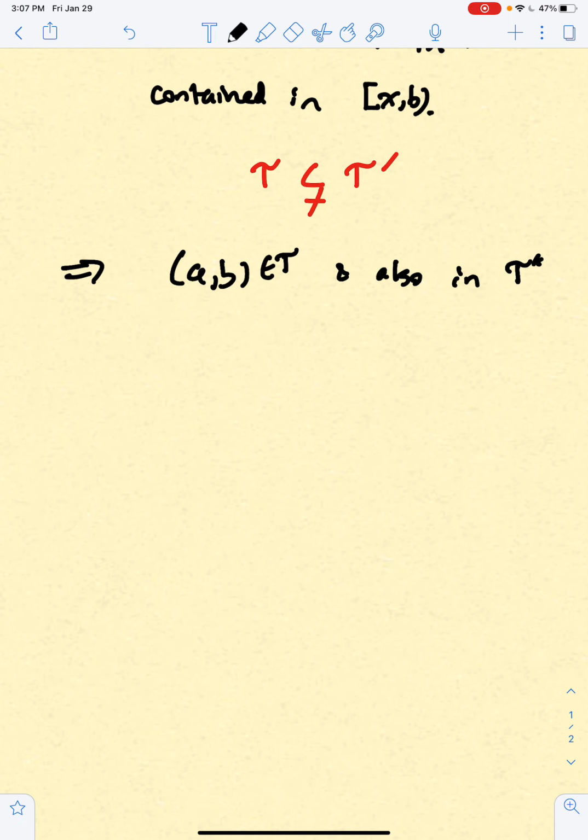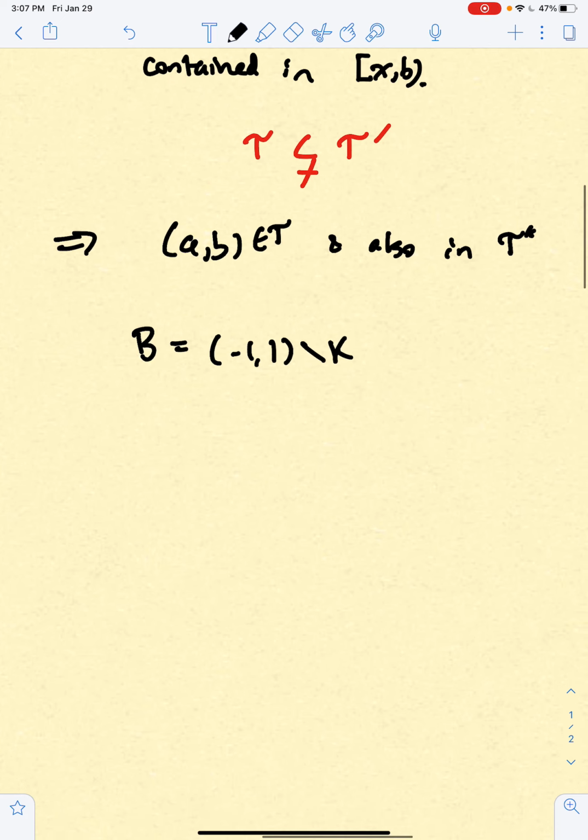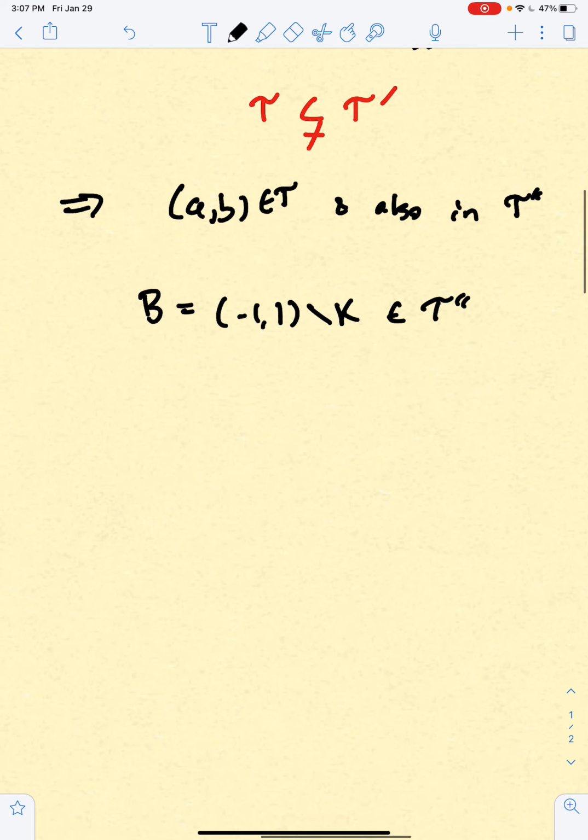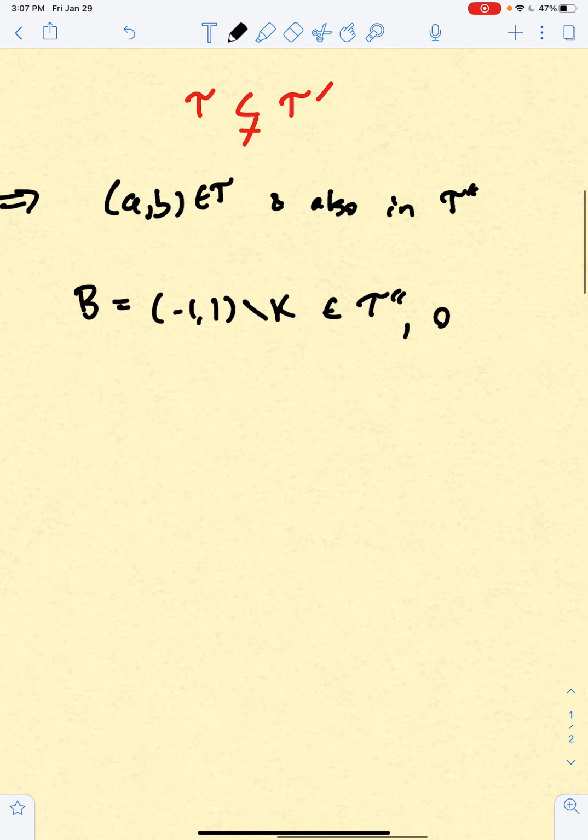However, there's one particular element that's a problem. So maybe we'll take something like the open set from -1 to 1. Then I will subtract the set K from it. So this is definitely in tau double prime. And 0 is an element of this set.